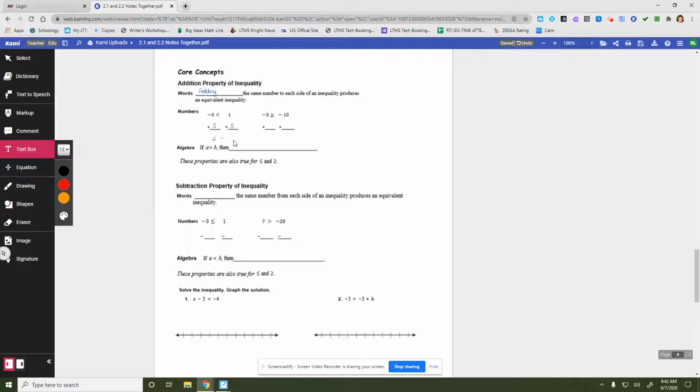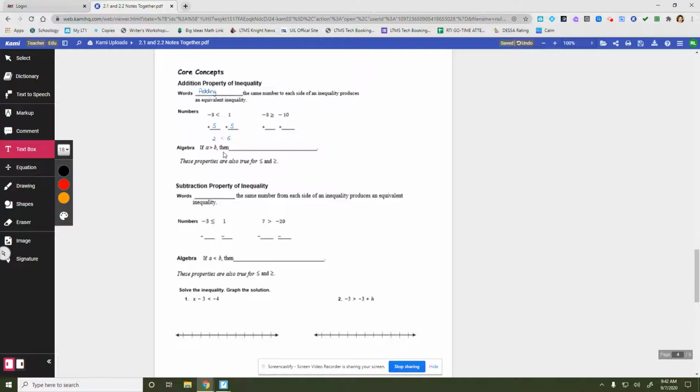When I put my 6 in here and test my inequality again, I notice, yeah, this is still true. 2 is still less than 6. So that property of equality still holds true as a property of inequalities as well.